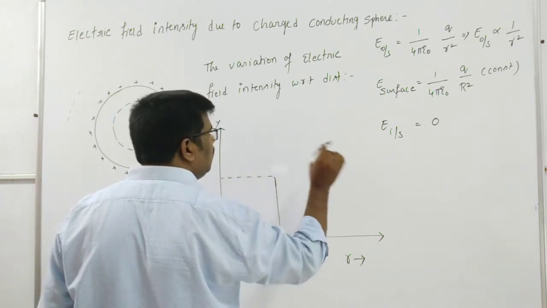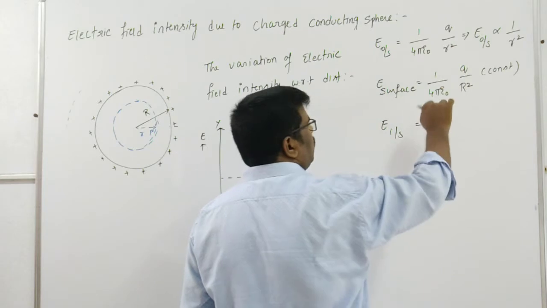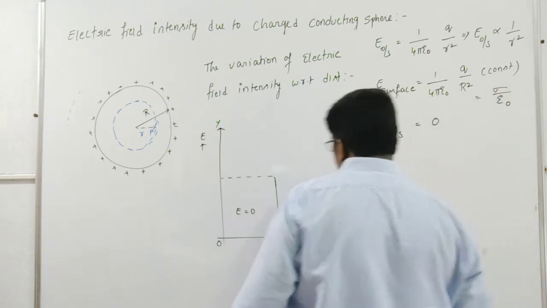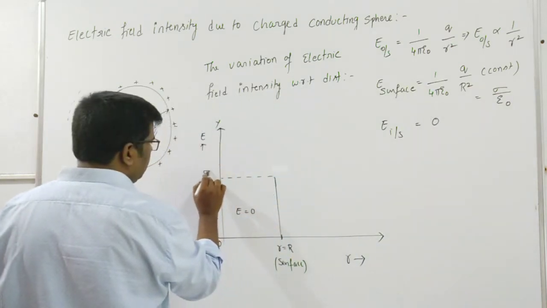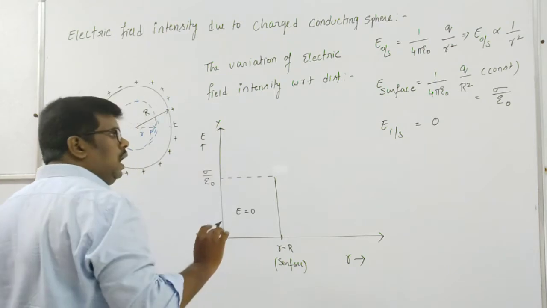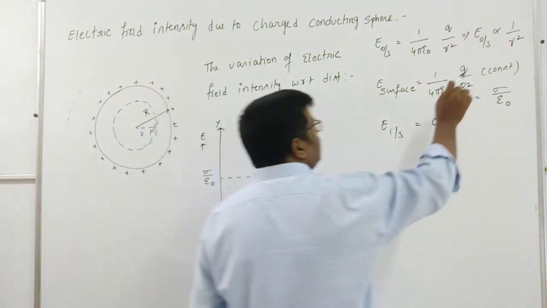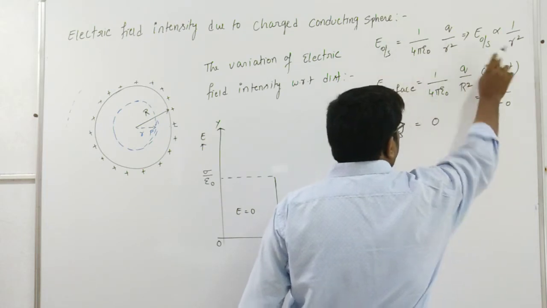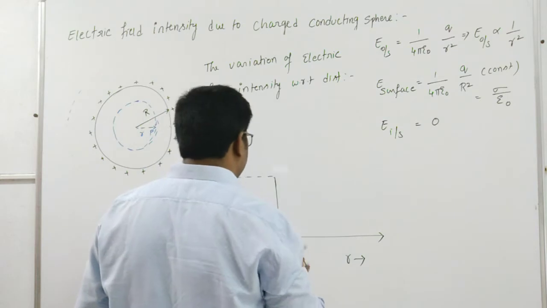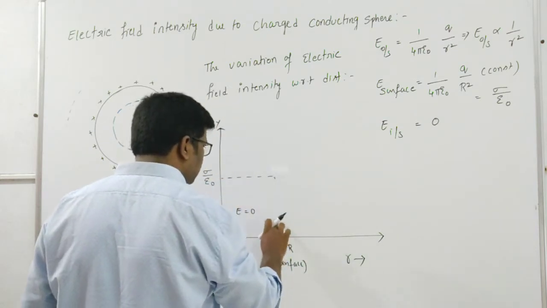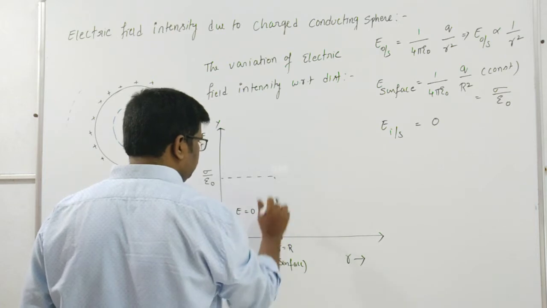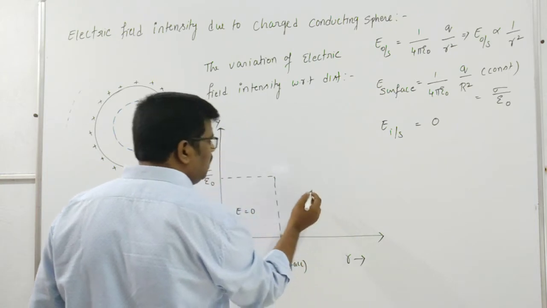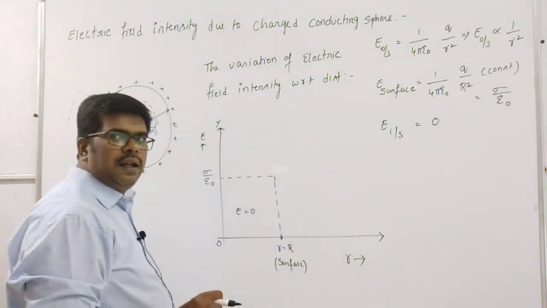That value is 1 upon 4 pi epsilon naught Q by R square, or else you can also write this as sigma by epsilon naught. And outside, you observe that the electric field intensity is inversely proportional to the distance square. Since it is inversely proportional, the nature of the graph is a rectangular hyperbola.